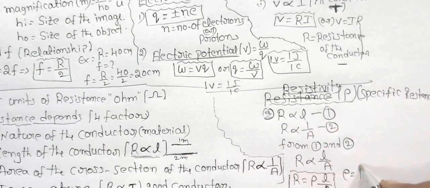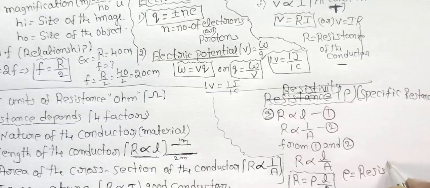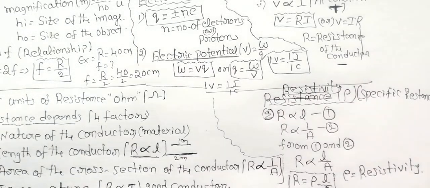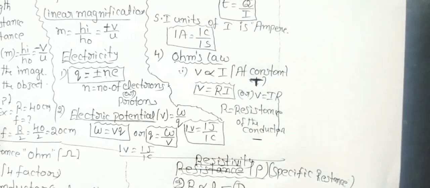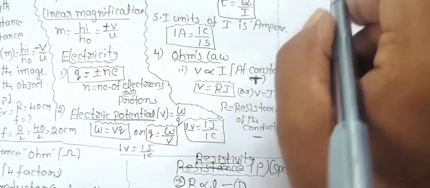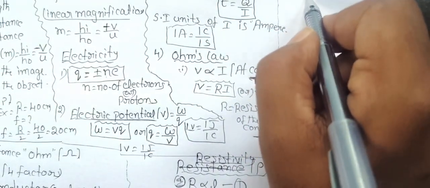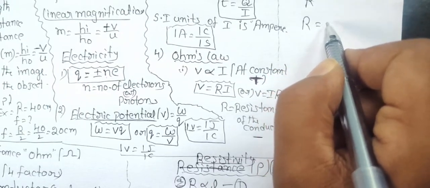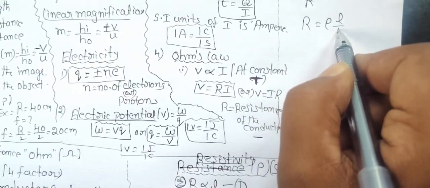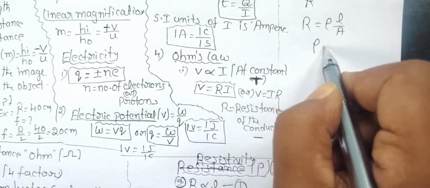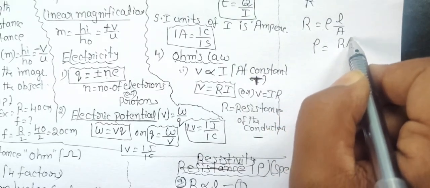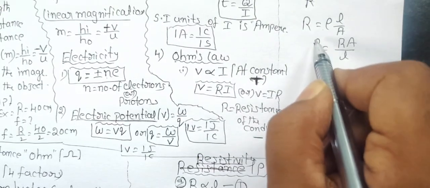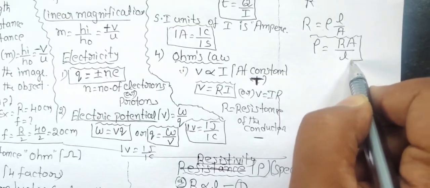Here rho means resistivity. From this formula, R is equal to rho L by A, we get rho is equal to RA by L.